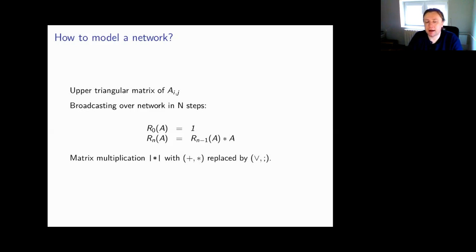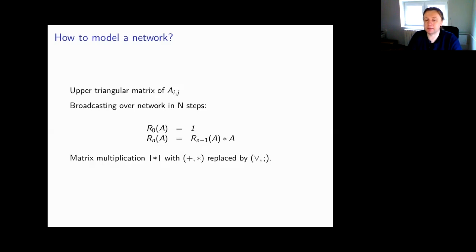So we will define our matrix multiplication where plus and multiplication, so addition and multiplication, are replaced by first to finish or and after, or sequential composition.